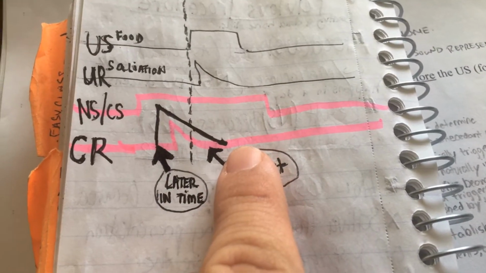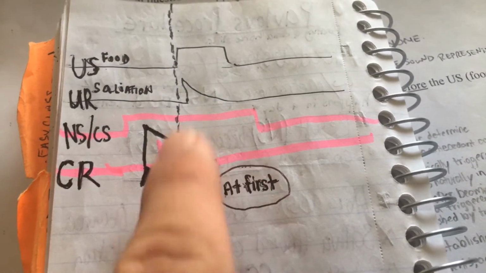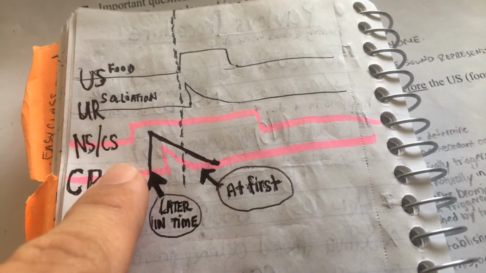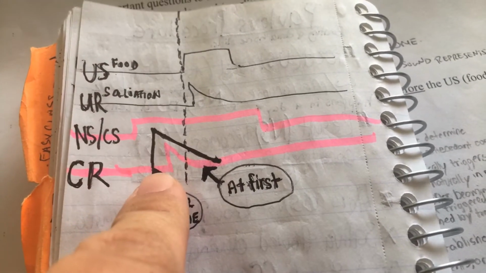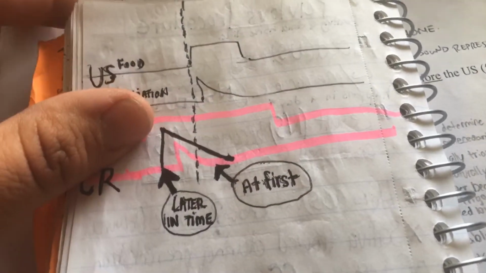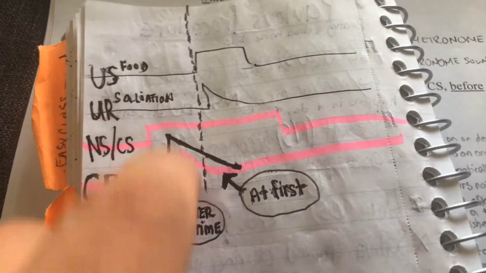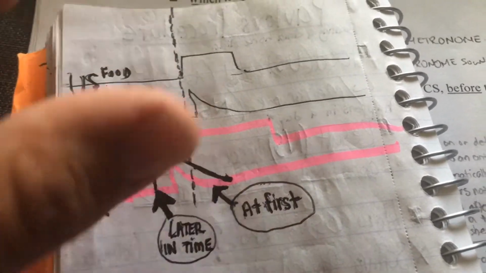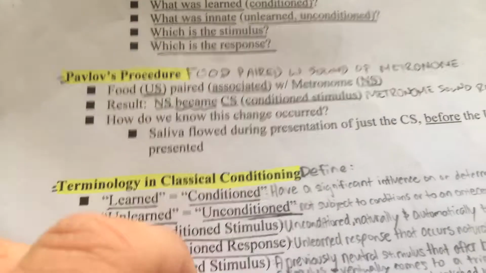Now, later in time, the metronome comes and the peak comes earlier, because now the animal has been conditioned to respond to the metronome. So you're going to get a bigger peak, more salivation, and the dog's going to be more ready for food, essentially.